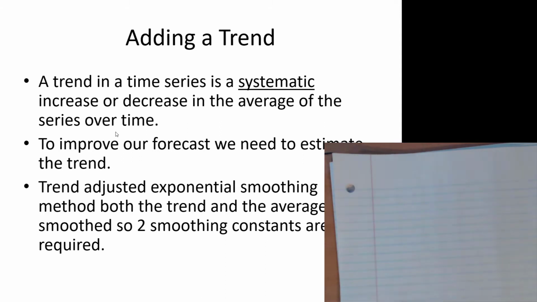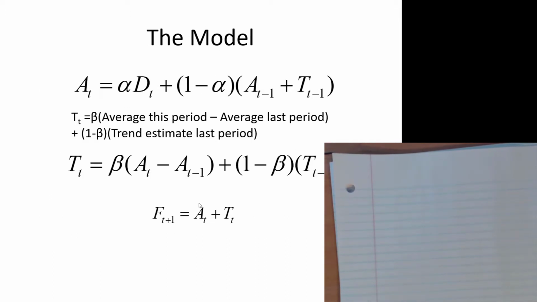When we were just doing the single exponential smoothing model, we just had alpha. That was our only smoothing constant. Now that we're going to estimate both the series itself and the trend, alpha stays, but we need a second exponential smoothing constant.